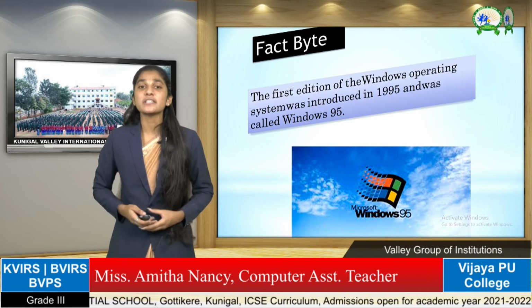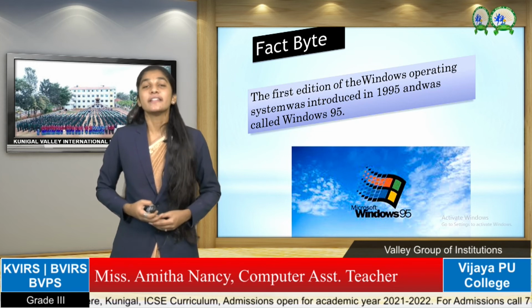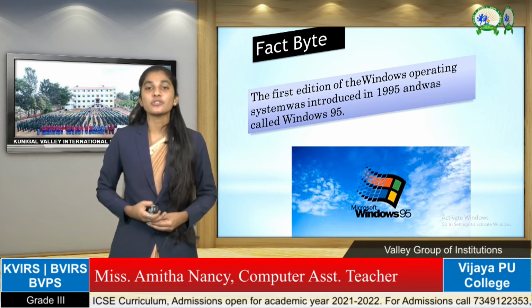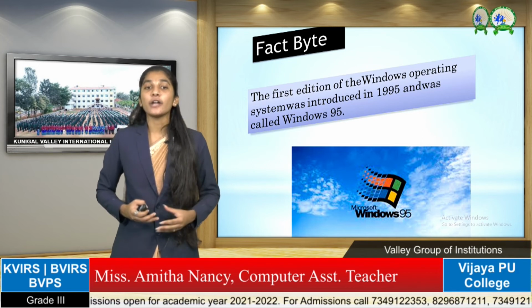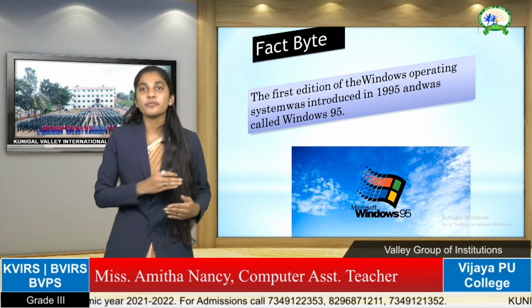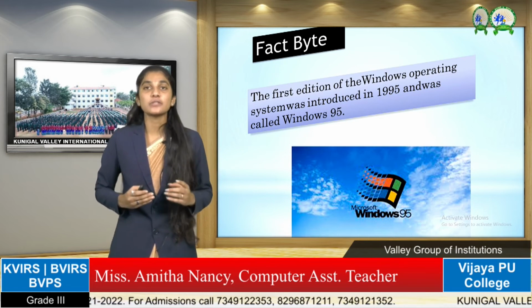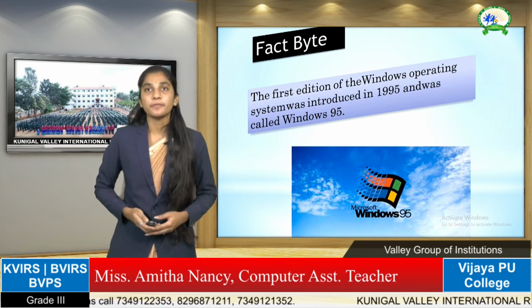Fact bite: the first edition of the Windows operating system was introduced in 1995 and was called Windows 95. Already I told you we have different versions of Windows.